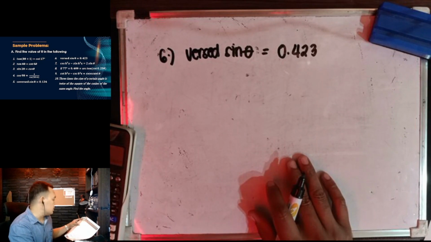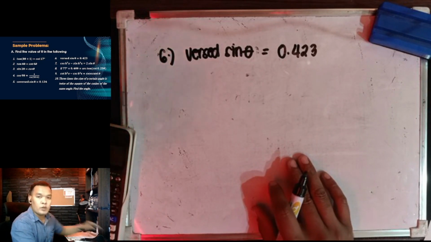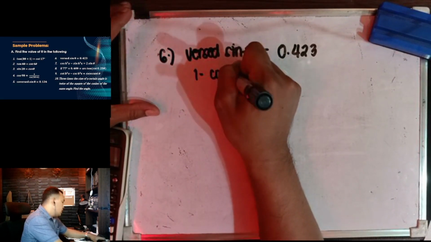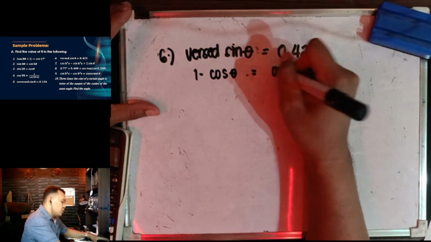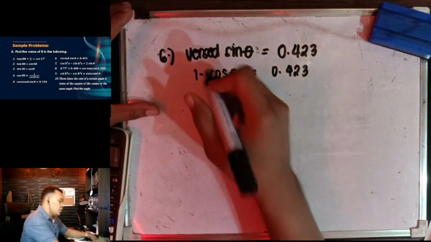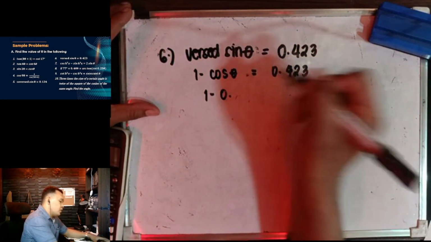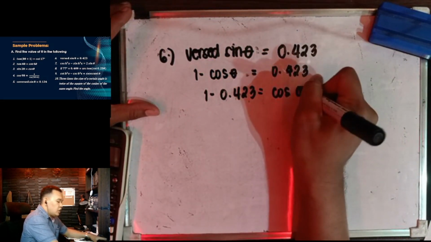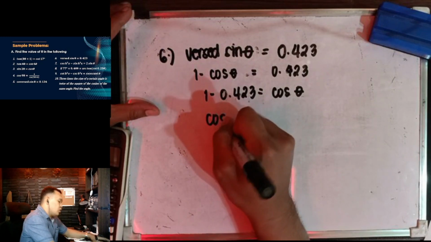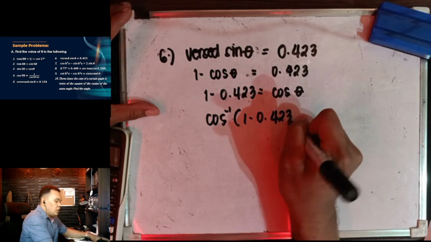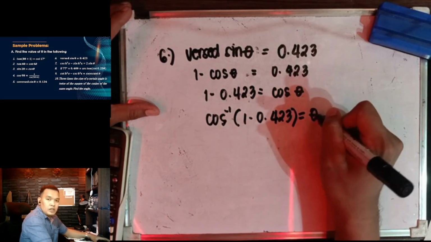So, the value of versed sine theta is equivalent kay 1 minus cosine theta. So, we have here 1 minus cosine theta is equivalent kay 0.423. Then, transpose, we have here 1 minus 0.423 is equivalent kay cosine theta. Then, arc cosine of 1 minus 0.423 is equivalent kay theta.